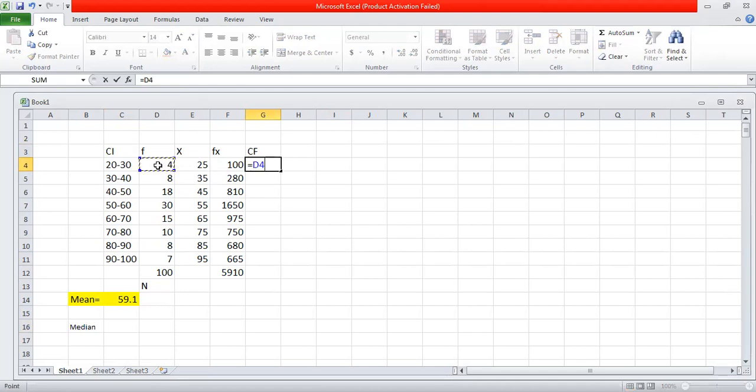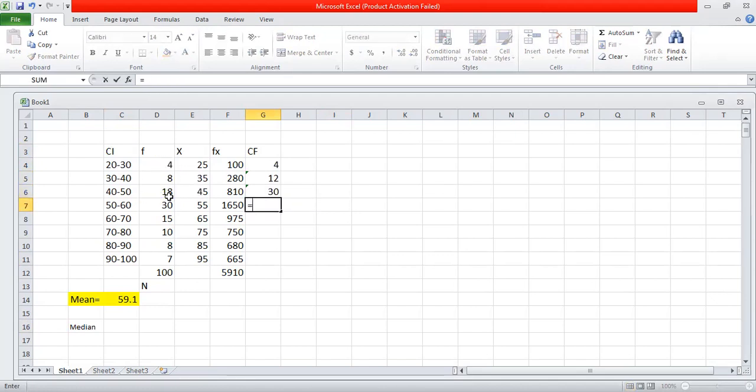The first value is as it is of the frequency. Next, the second value is the sum of the first two values. Next is the sum of the first three values.